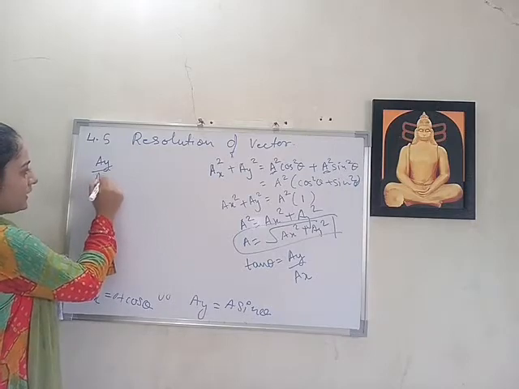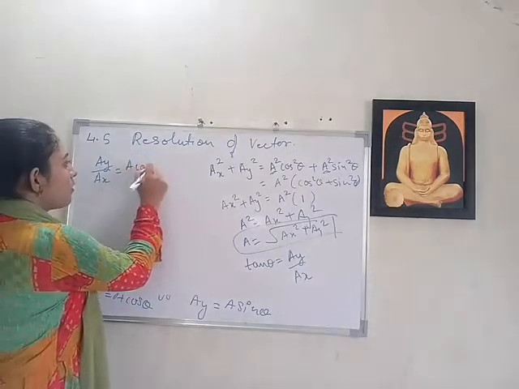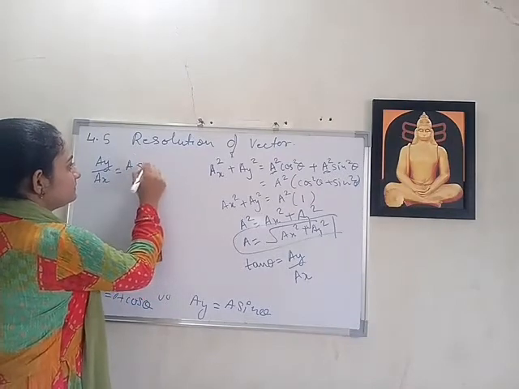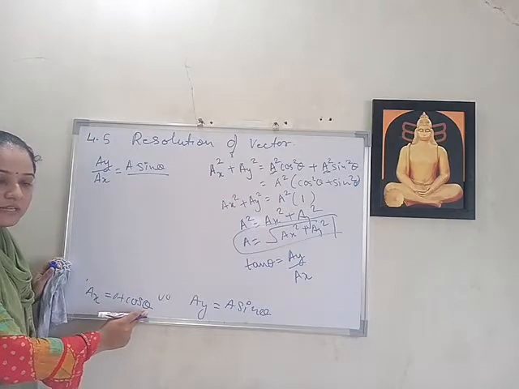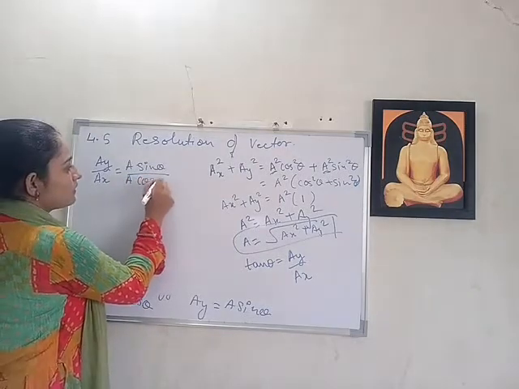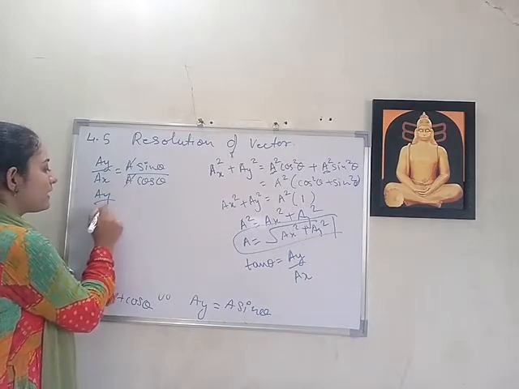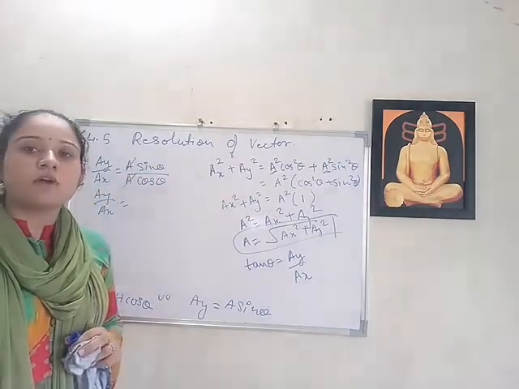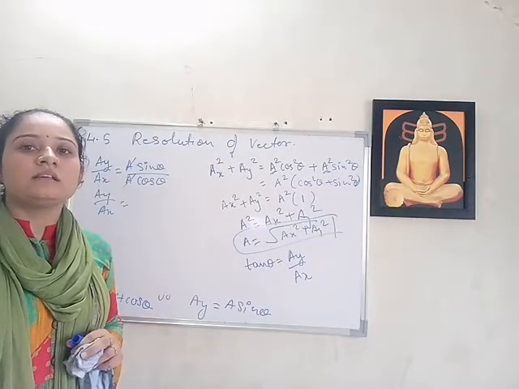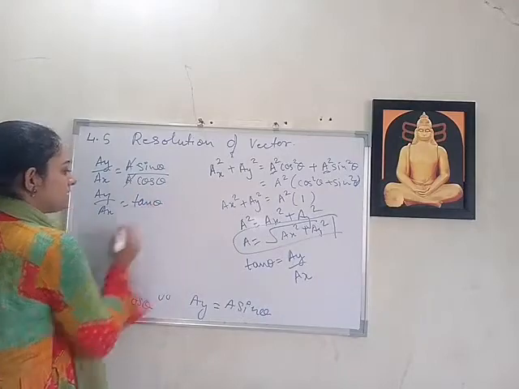Ay upon Ax. What is the value of Ay? Ay is equal to A sin theta, divided by what is Ax? A cos theta. A cancels. So Ay by Ax equals, now again an identity of trigonometry, what is sin theta by cos theta? Sin by cos equals tan theta. So this is tan theta.